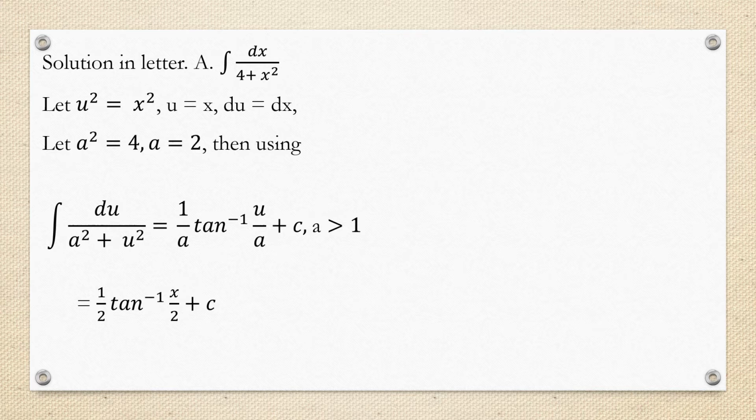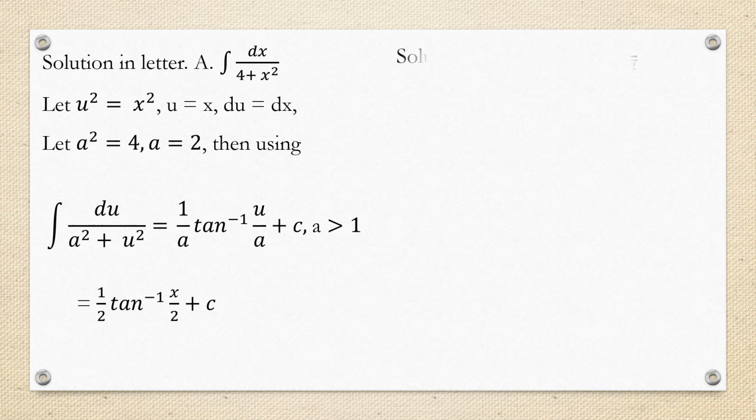Why is there a constant after getting the antiderivative? Because the antiderivative is the reverse of the derivative. As we get the derivative of any constant, the result will be 0. But for the antiderivative, since it is the reverse of the derivative, we are trying to find the constant of this function.